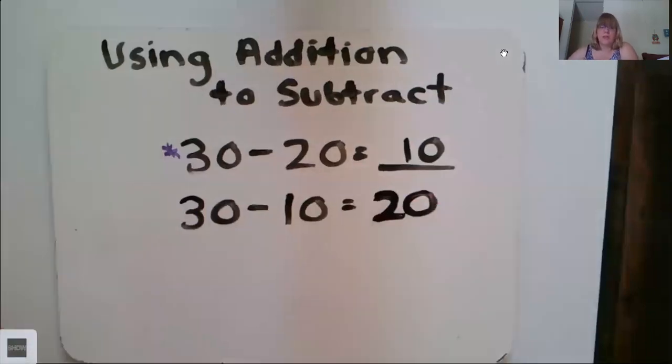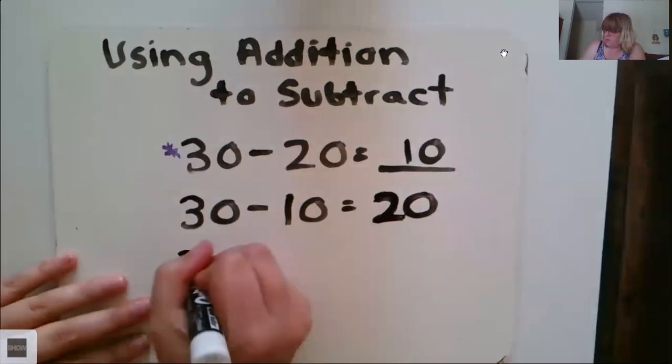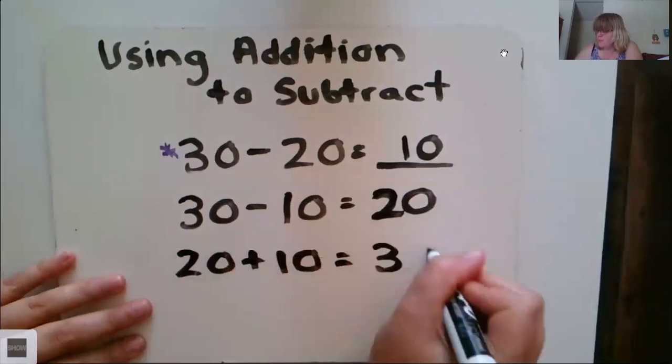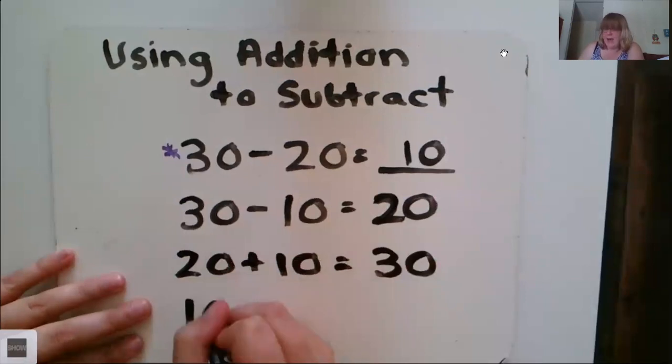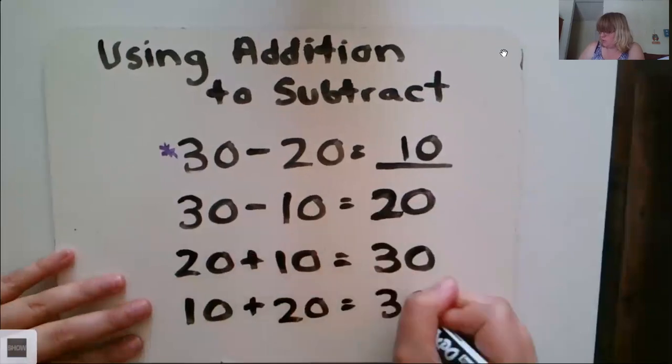And I can also make my two addition equations using the smaller numbers. So I know that 20 plus 10, like we already found out, was 30. And I know that if I flip it, because you can add in any order, that 10 plus 20 must also equal 30.